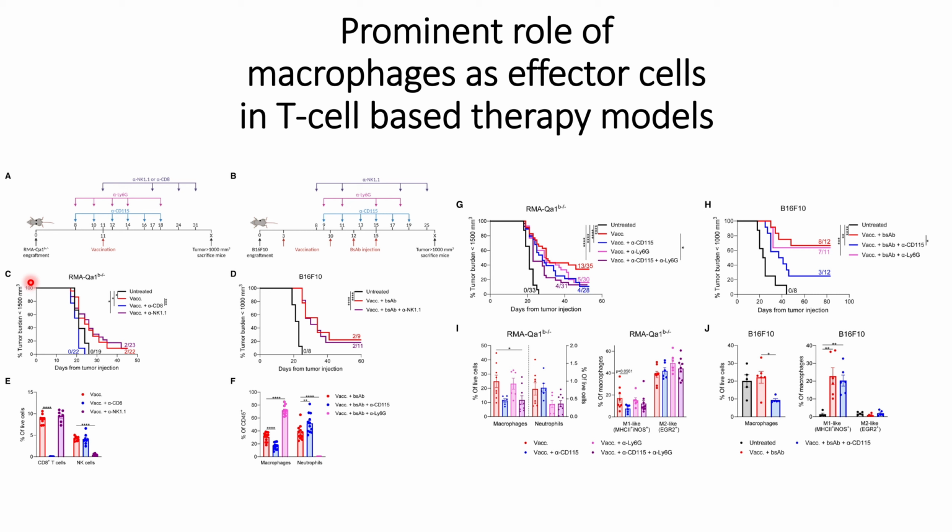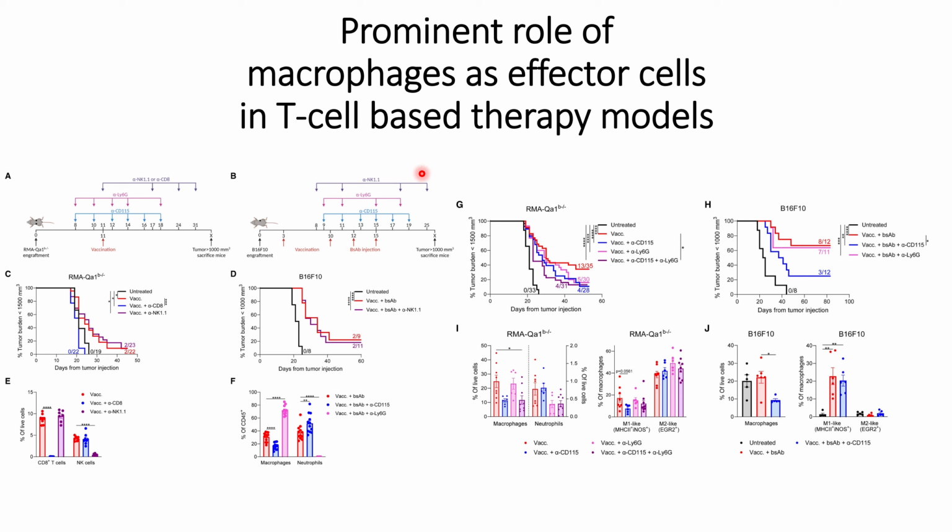For the RMA Q1B negative engraftment mice model, they used these different antibodies at different time intervals, and the vaccines at the 11th day. And for the other mice model, the B16F10 engraftment tumor mice model, they used vaccinations at 3 days and 10 days, followed by specific antibody injections at 12 days and 15 days.